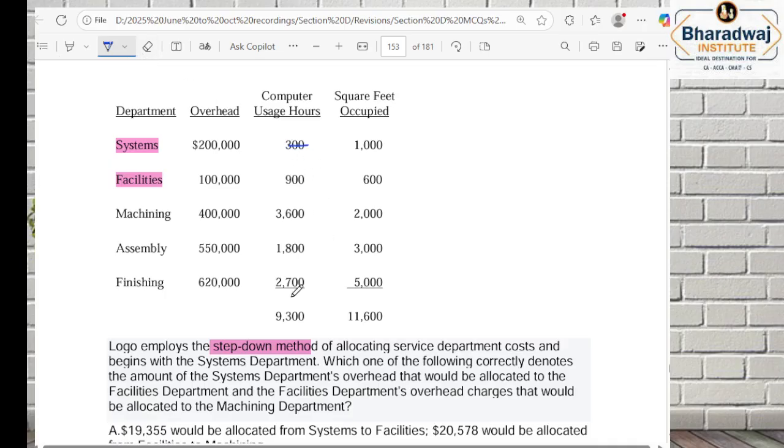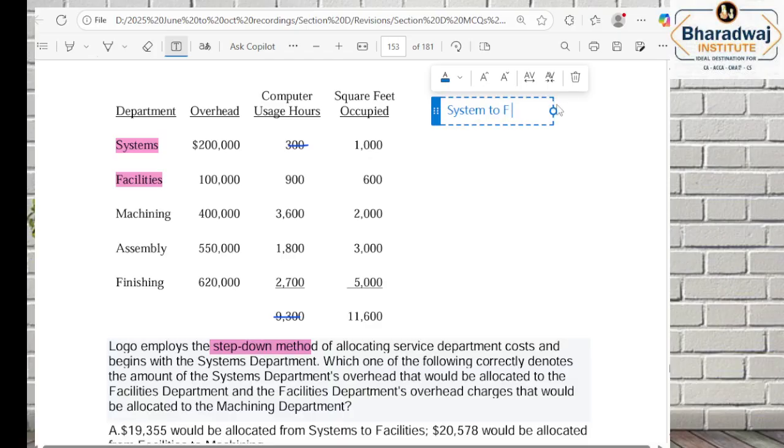Ignore this. System to compute usage. Sorry, system to facilities.